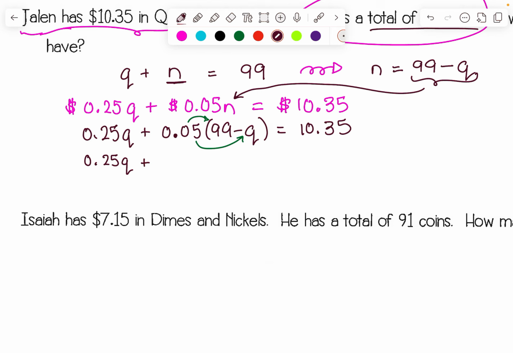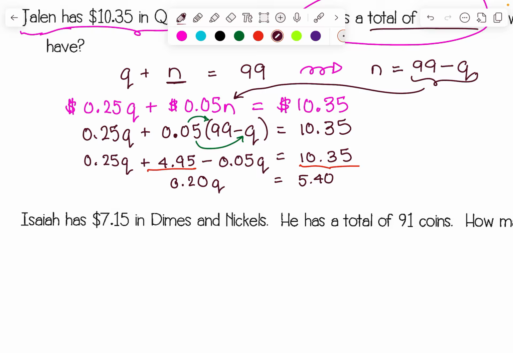So this gives me $4.95, 0.05 times 99, minus 0.05q. And that's all equal to $10.35. Let's go ahead and combine like terms on the left-hand side. I get 0.20q, and then I'm going to subtract $4.95 from both sides. So when I do that, I'm left with $5.40.